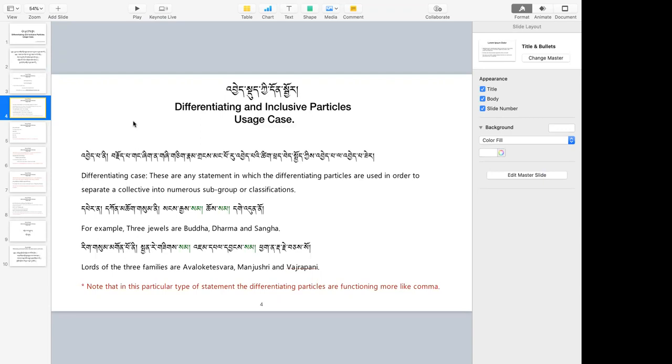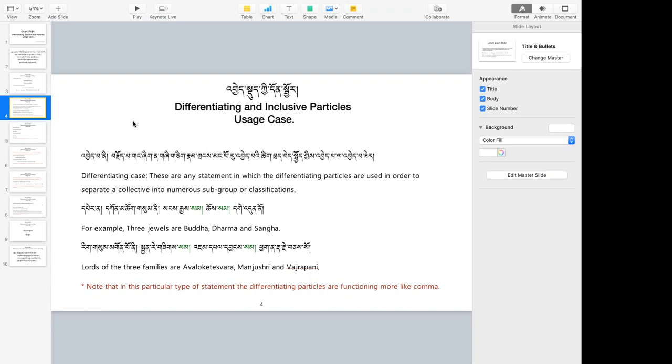So it states that these are any statement. So these usage cases are always a statement. It's never a particle. It's always a statement. So these are a type of statement. It could be any statement which fulfills these requirements.